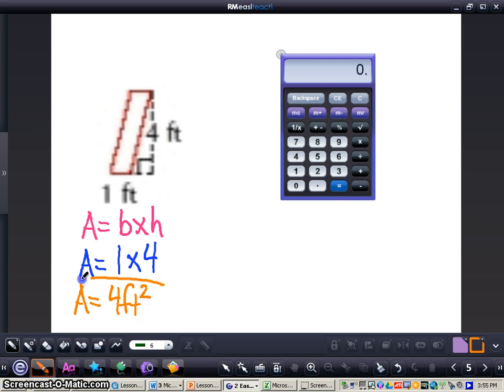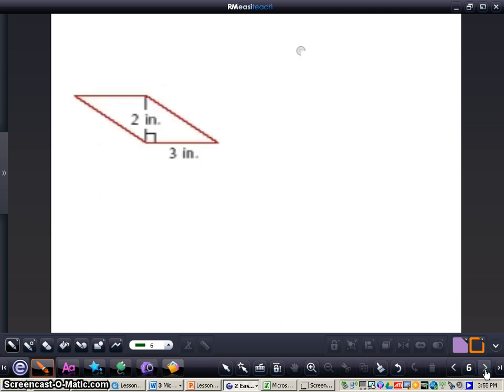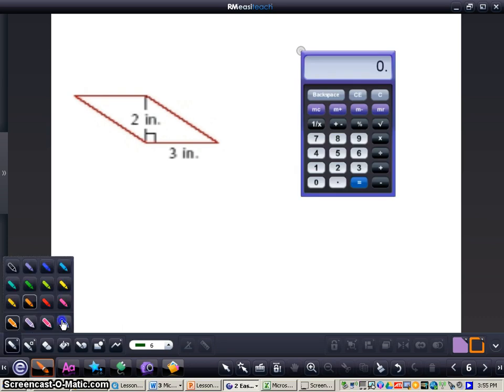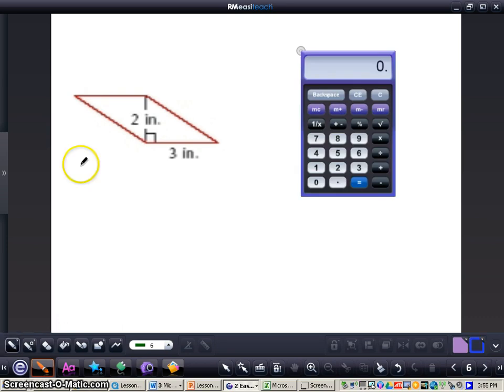We don't need a calculator for that one. 1 times 4, that's a pretty easy one. So let's look at another problem here. First step, I'm going to write down the formula.